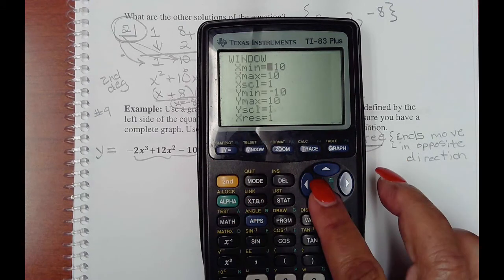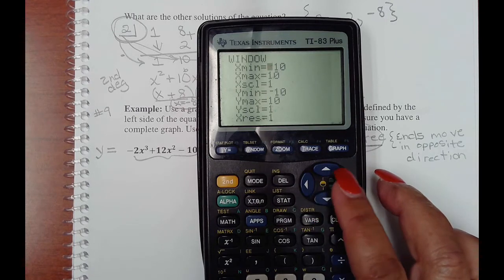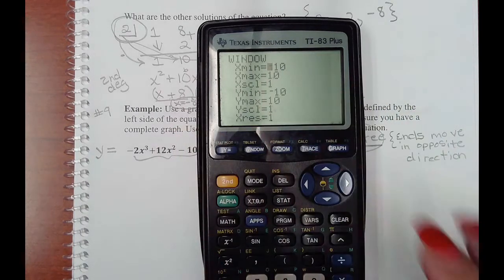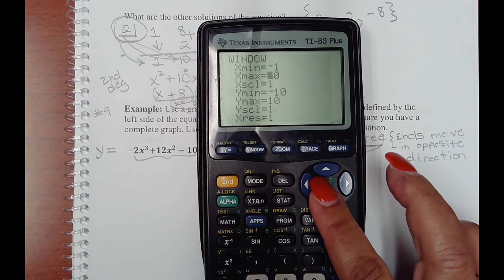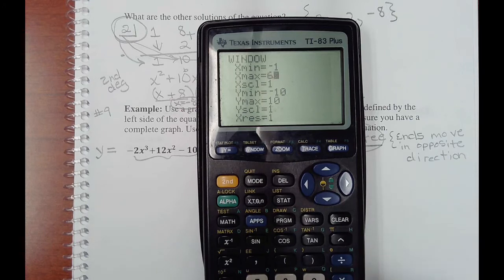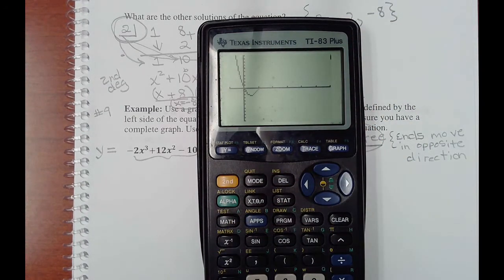So let's go here and let's do less on the x-axis, which will stretch out the graph and give us a clearer view of the x-intercepts. Let's just go to -1 on the negative side, not -10, because there was nothing going on over there. And let's go as far as +6 on the x-axis. Press enter after you've changed those two values, x-min and x-max, and graph it again.